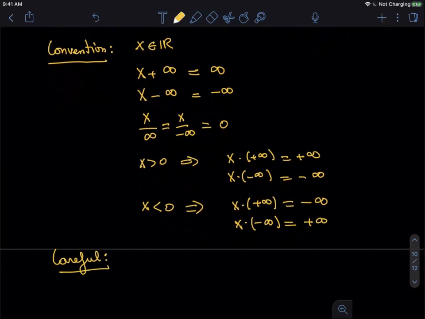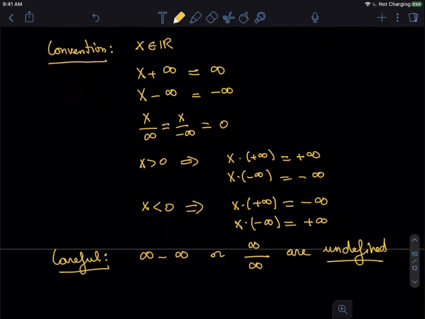Okay, but here again, careful. As usual, things like infinity minus infinity or infinity divided by infinity are undefined. Okay, these are the type of indeterminations that we would have to sort out computing limits by L'Hopital.